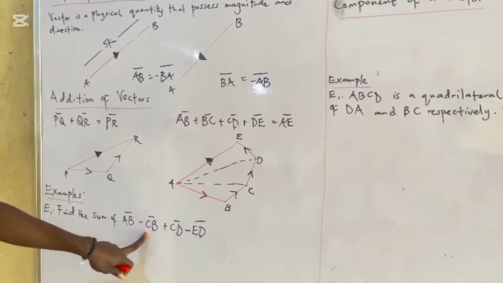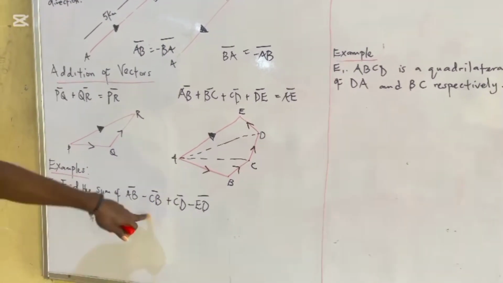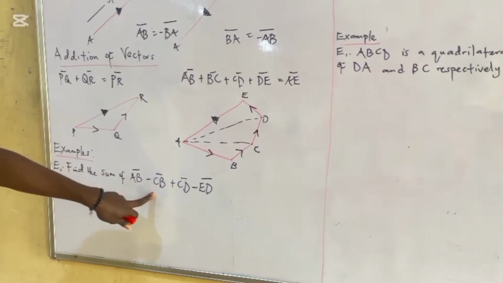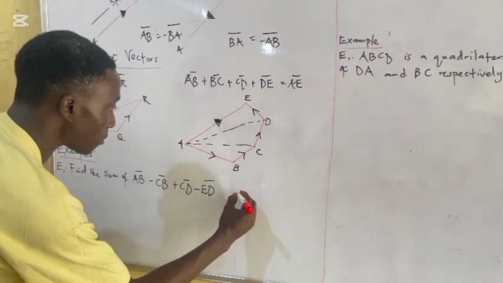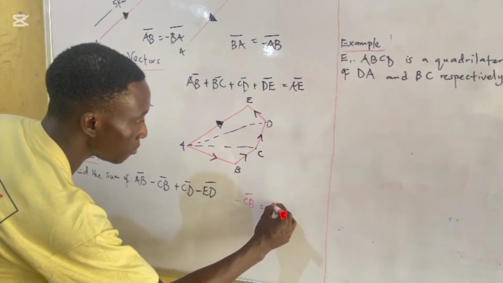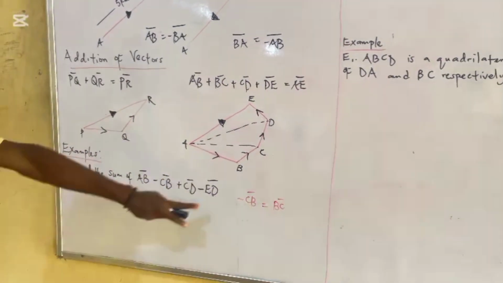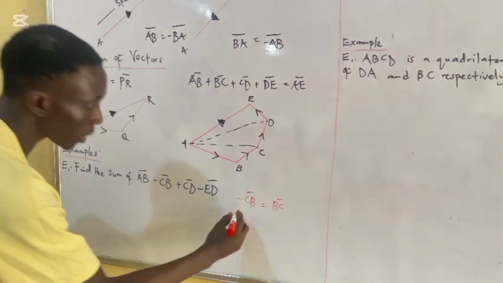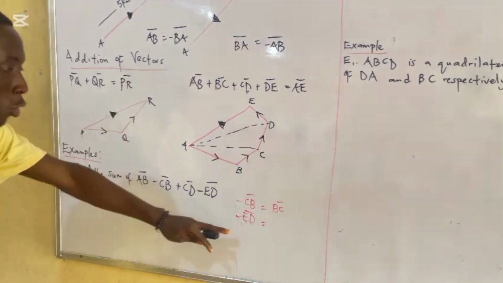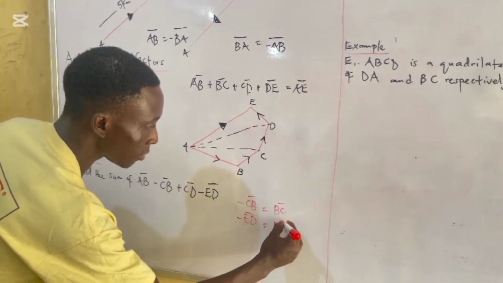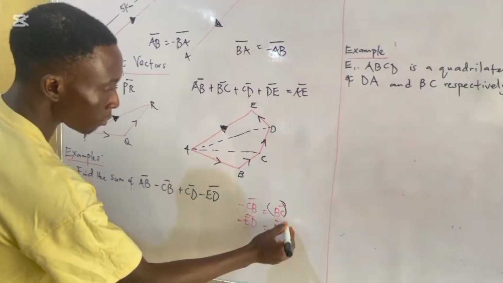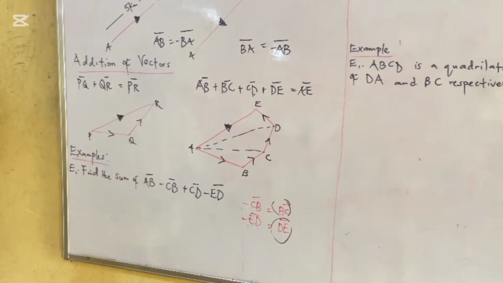So here now, if you are turning CB backward, writing another form of CB, it's going to be what? Plus BC. So we can say that minus CB equals BC, right? Also for this, ED, right? We can say minus ED equals DE. Yes. So now we can insert these two here, and we can proceed.